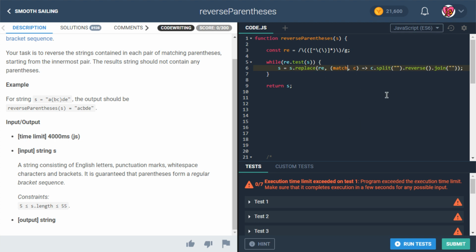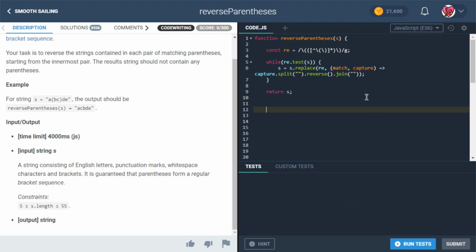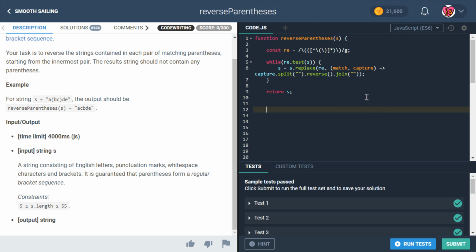And I do want to sort of fill this out, match and capture, and then make this one capture. Okay, great. So that's nicer. That's, let's see, still working. Still working. Very nice.